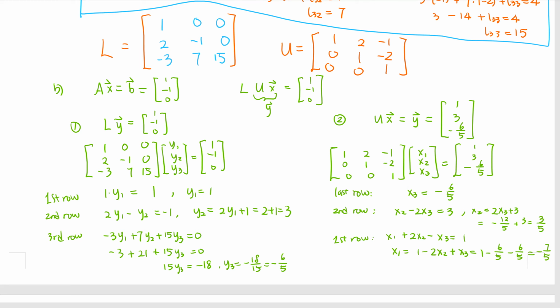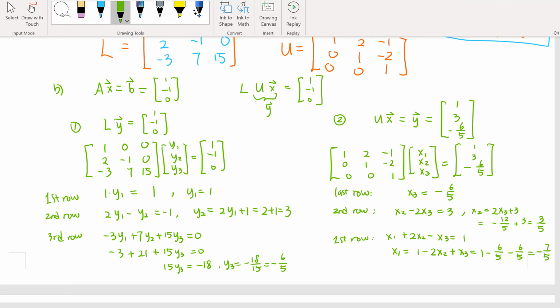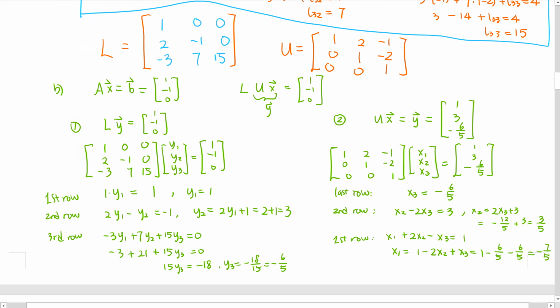So finally, oops, I ran out of space here. So finally, x1 is minus 7 over 5. x2 is 3 over 5. x3 is minus 6 over 5. So far, so good.